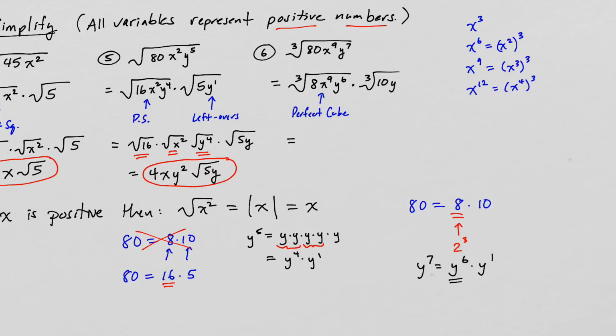And so for that, we get the cube root of 8 is 2, the cube root of x to the 9th is x to the 3rd, the cube root of y to the 6th is y squared. And then we multiply that by the cube root of 10y. And that is our simplified radical.